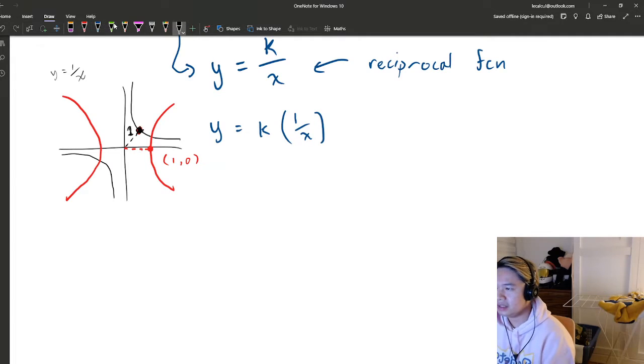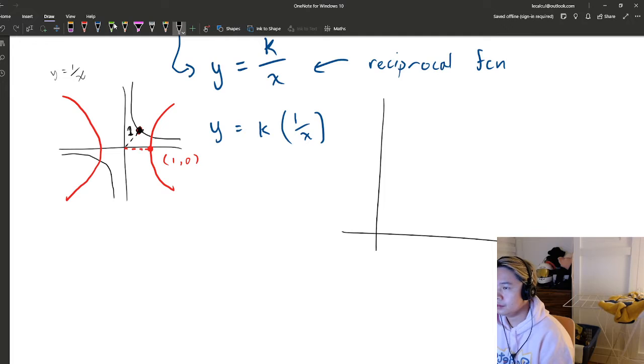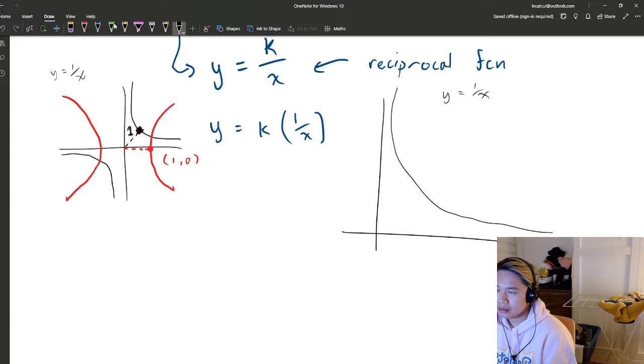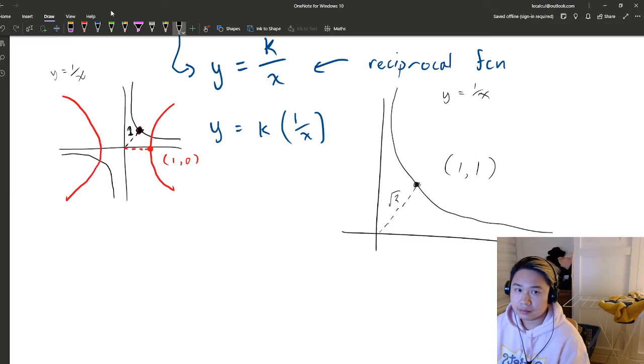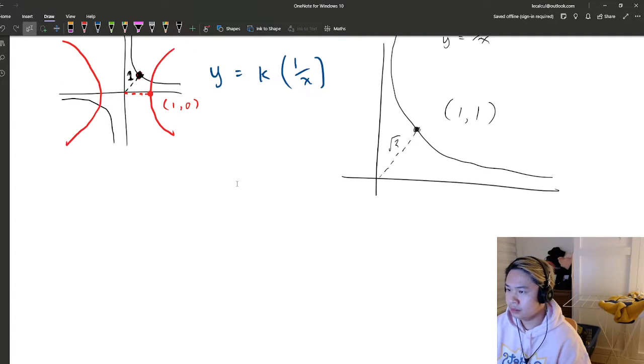Let me redraw this so that it's larger for you. So y equals 1 over x has an invariant point, which is 1, 1. If you do Pythagoras, this has a length of root 2, and we don't want that. We want the length to be 1, because of what I said earlier.